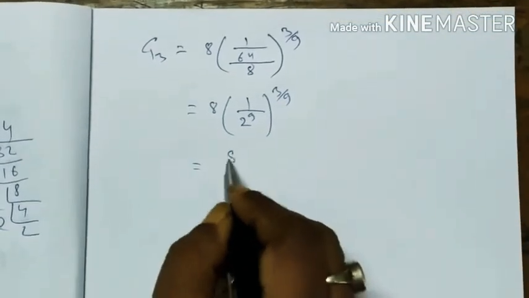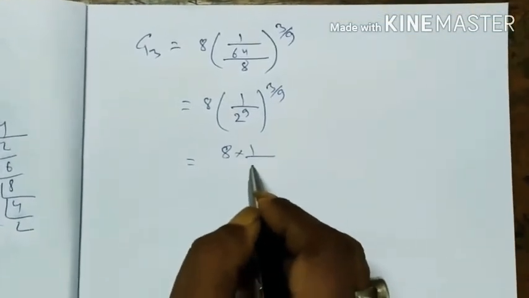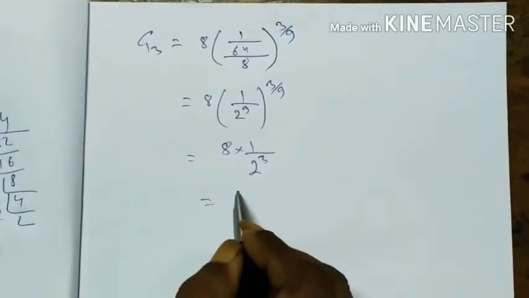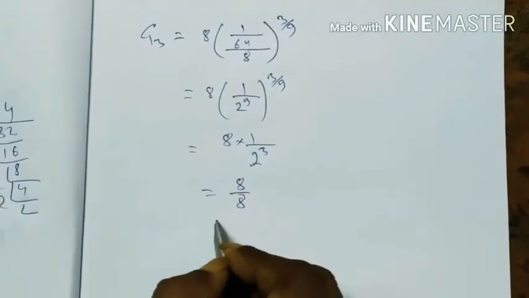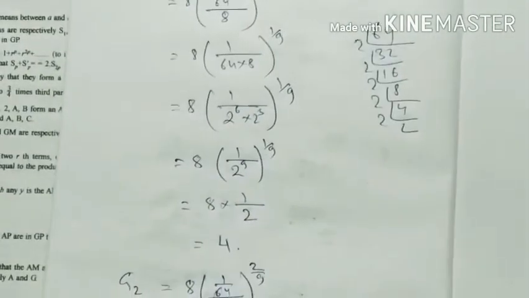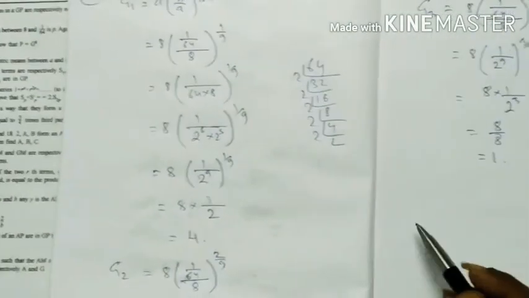So this comes out 8 into 1 by 2 to the power of 3. So this is equal to 8 by 8, which is equal to 1. From this, since they are in GP, G1, G2, G3 are in GP.